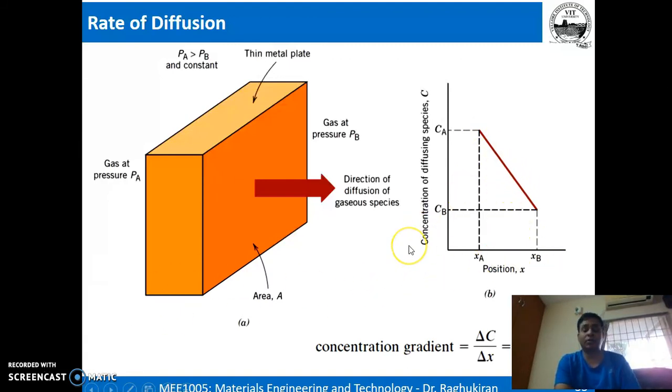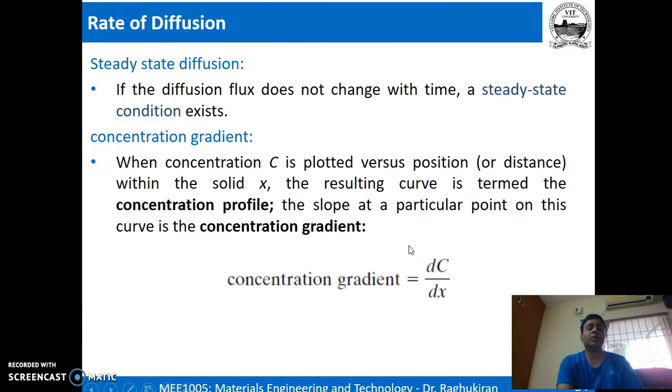And if you want to quantify the rate of diffusion, you can conceive two types of diffusion: one is steady state, the other is non-steady state.